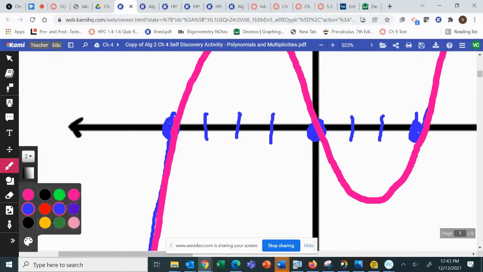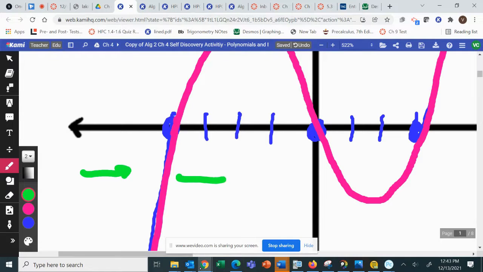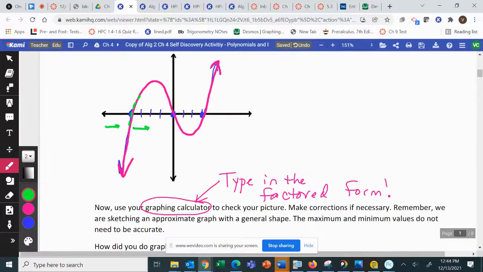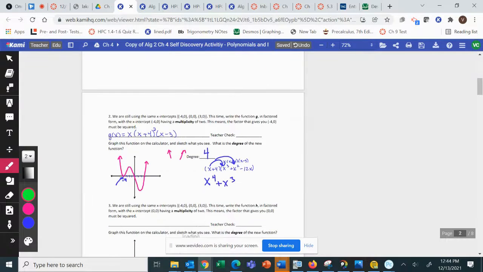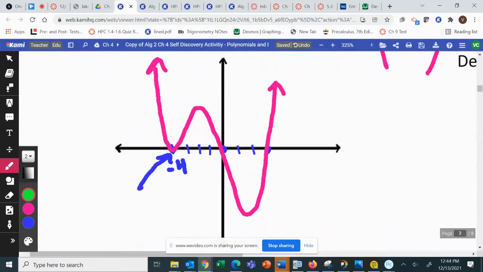So I'm not sure exactly what you mean, but I always look at the graphs from left to right. I always look that direction. So I'm thinking it's going up. Is that what you're talking about? Or were you talking about something different? Yeah, like that left arrow goes up. Oh, the end behavior? Of course, the end behavior changed because our degree went from a 3 to a 4.